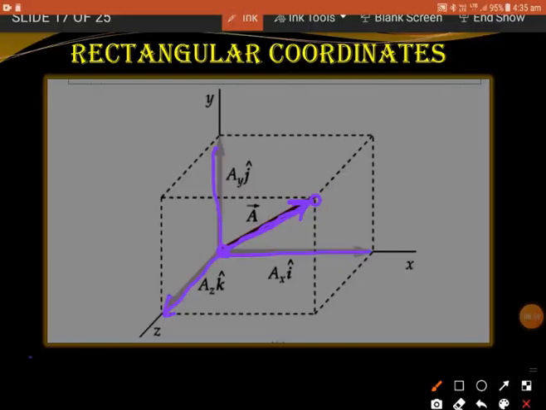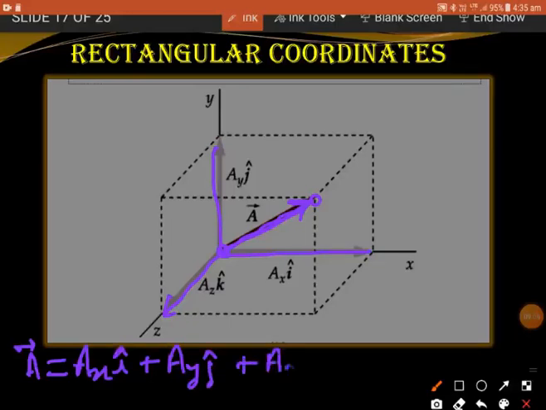So this is your A vector. A vector can be written as AX I cap plus AY J cap plus AZ K cap, like this. This should be small k, okay? K cap, like this.